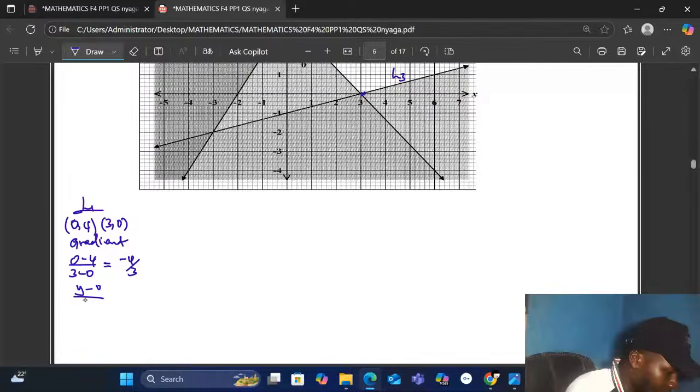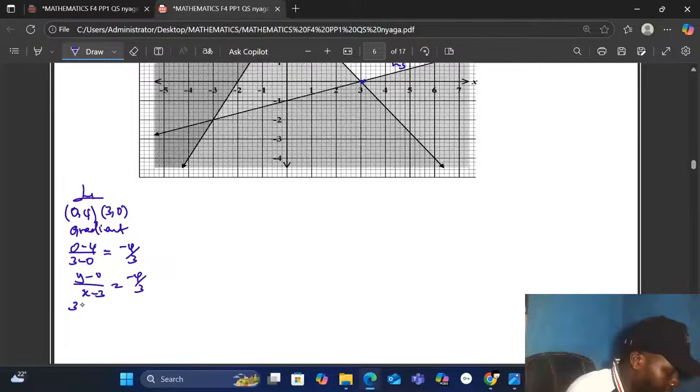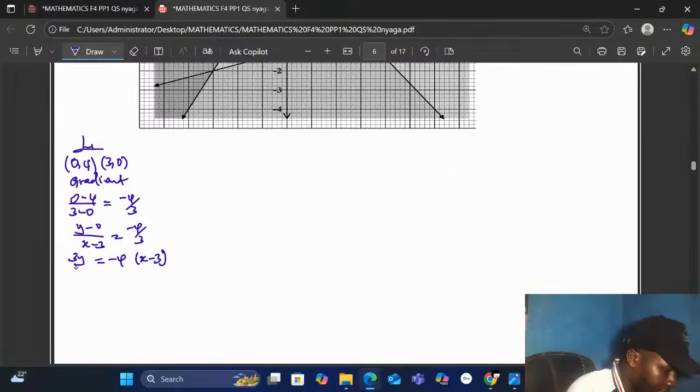And we shall have 3y equals negative 4 into x minus 3. Opening the brackets, 3y is equal to negative 4x plus 12. We divide by 3, and we have y equal to negative 4 over 3x plus 4.